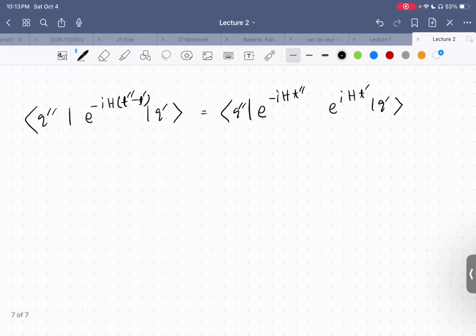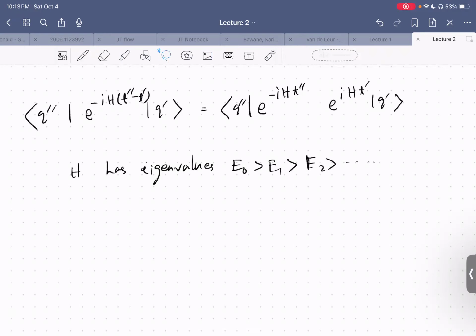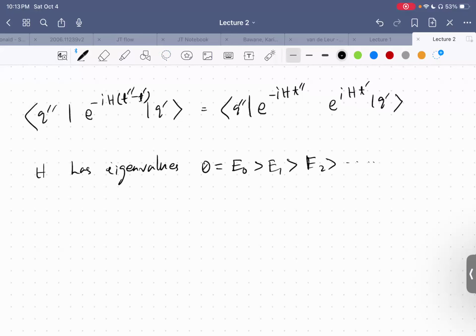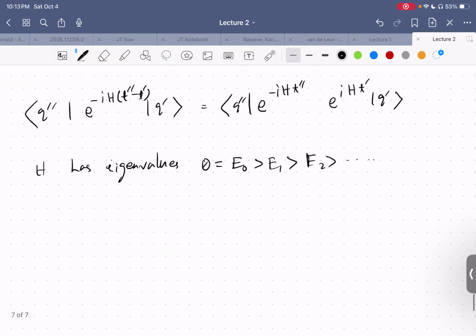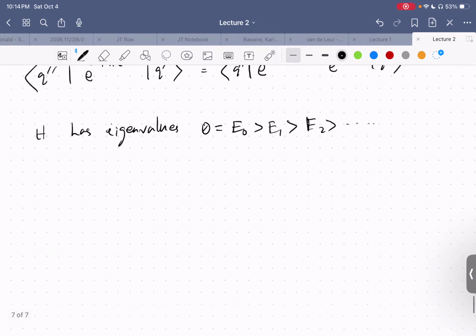So let's assume that H has eigenvalues E0, E1, E2, etc. Furthermore, we will take the lowest energy to be 0. If your Hamiltonian doesn't have the lowest energy 0, you can always add a constant and make it 0. But it has to be bounded from below, right?